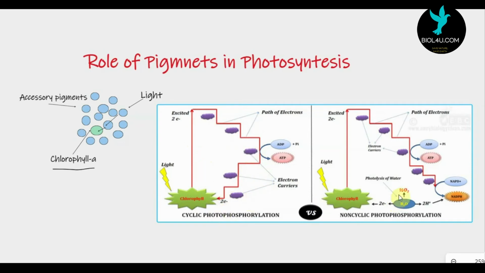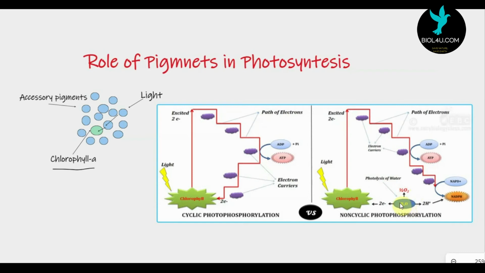Similarly, there is another method for the transfer of the electron. The electron from chlorophyll A is carried by and transferred through different electron carriers, and these electrons never reach back to chlorophyll A. The electrons reach chlorophyll A by the photolysis of water. See here, this is the photolysis. Water is split with the help of light, which is known as photolysis of water, and this photolysis requires manganese, calcium and chloride ions.